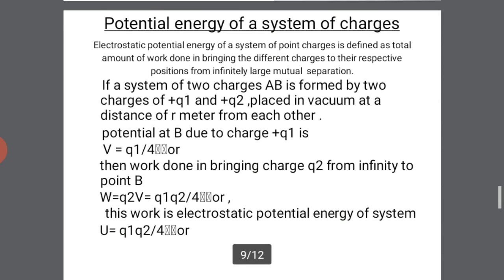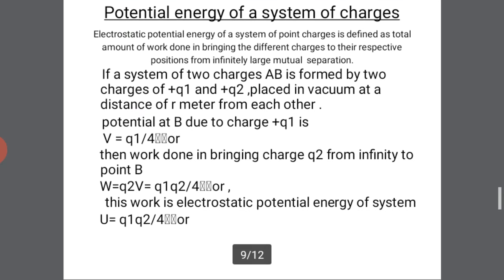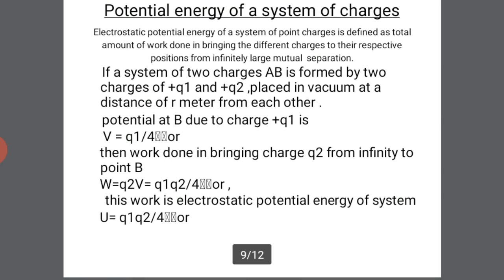Our next topic is potential energy of a system of charges. Here is an example of two charges. Suppose Q1 and Q2 are placed in vacuum at a distance r meter. Then the potential at B due to charge Q1 is V equals Q1 upon 4 pi epsilon naught r.